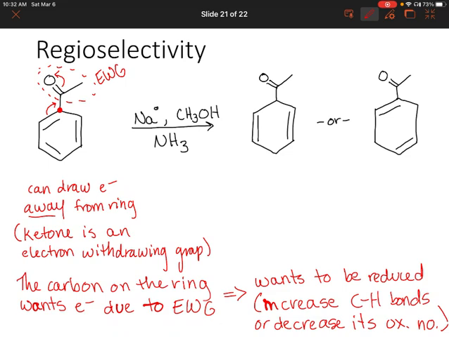Okay, so let's actually calculate that carbon's oxidation number. That carbon is only bonded to other carbons, right?